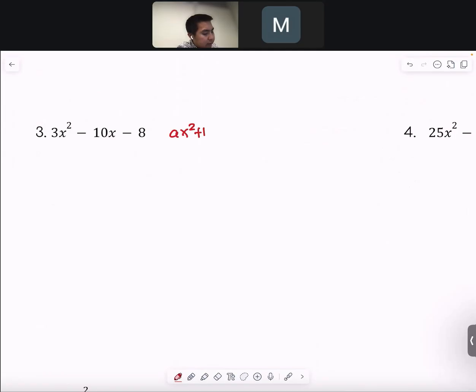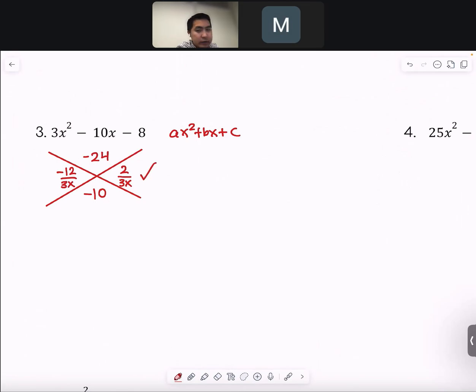This is a factor trinomial. So it's got a, b, and c, x squared, x, no x, so this is X method. A times c, that's negative 24, the b is negative 10. So the two numbers that multiply to negative 24, but when added give you negative 10, that is negative 12 and positive 2. Divide both of these by the a value, which is 3, and then add an x.